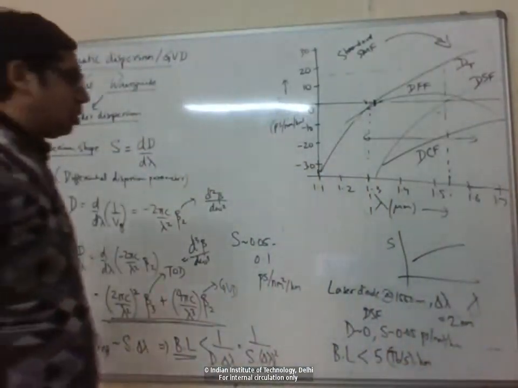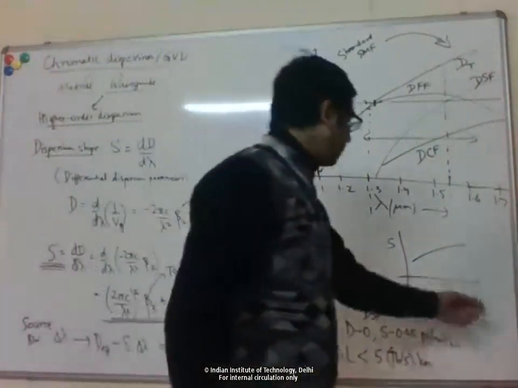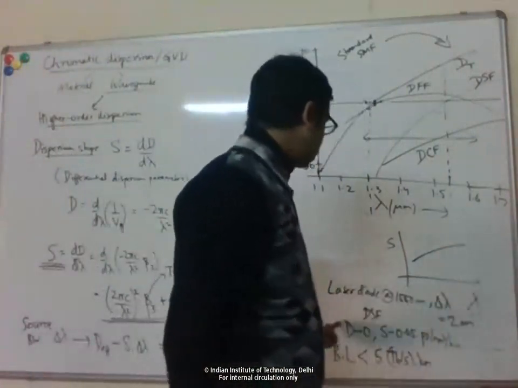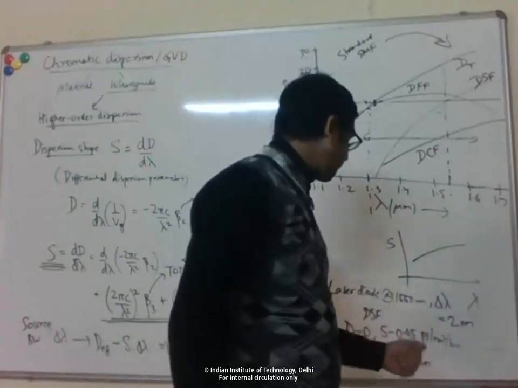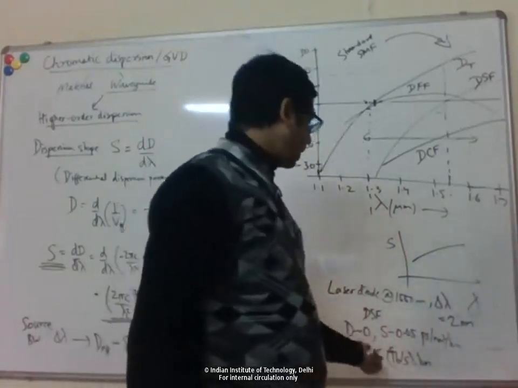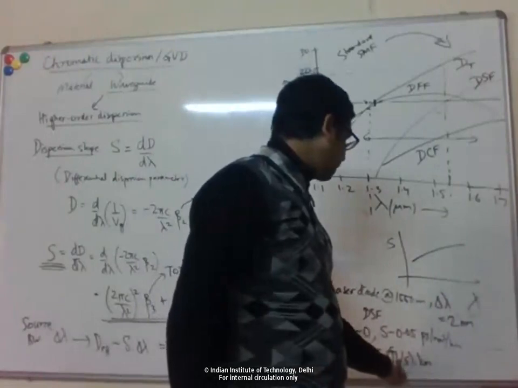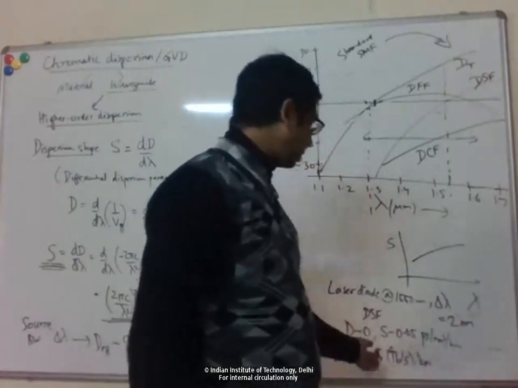Okay. So using very cheap laser diodes, if you operate at the zero dispersion point, you can get very high data rates. So if you operate at tens of gigabit per second, then you can go for hundreds of kilometers.